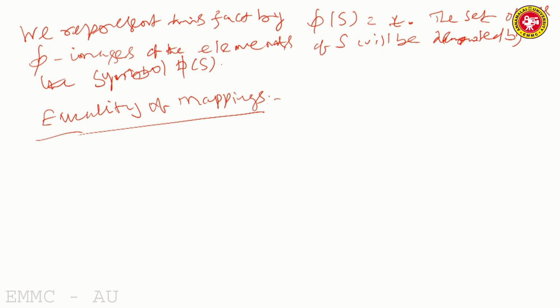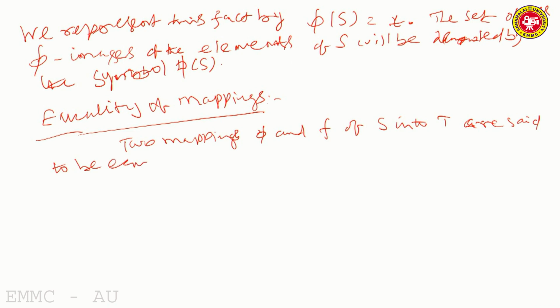Two mappings phi and f of capital S into capital T are said to be equal if and only if phi of s is equal to f of s for every small s belonging to capital S.